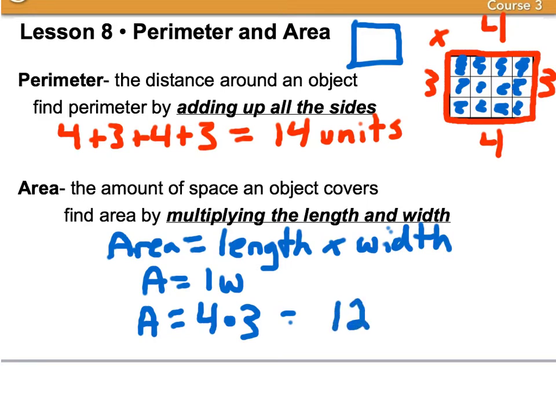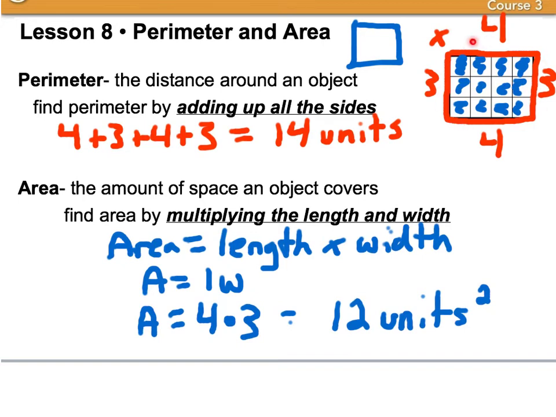Now last time, we had to put a label on, and we put units. This time, we're going to put a label on again. We're going to put units, but I multiplied two things together. When I multiply two things together, I have to put a 2 for my exponent, so it's units squared now. Look at your picture. Here's the reason why.